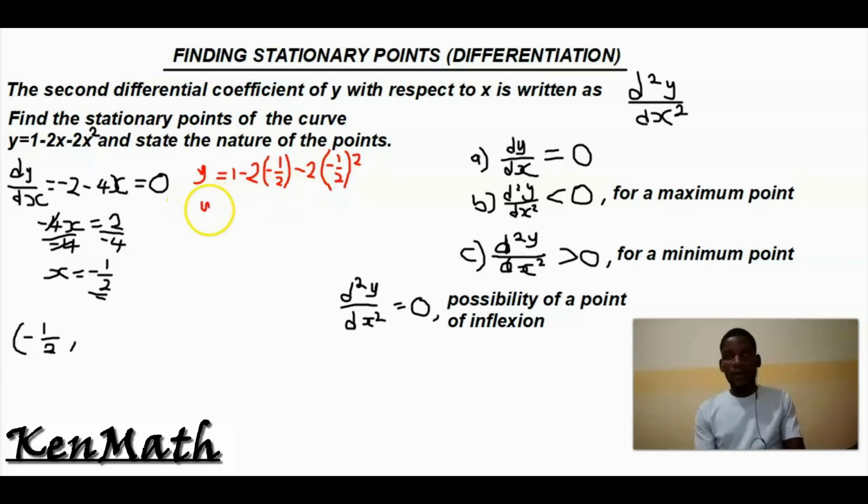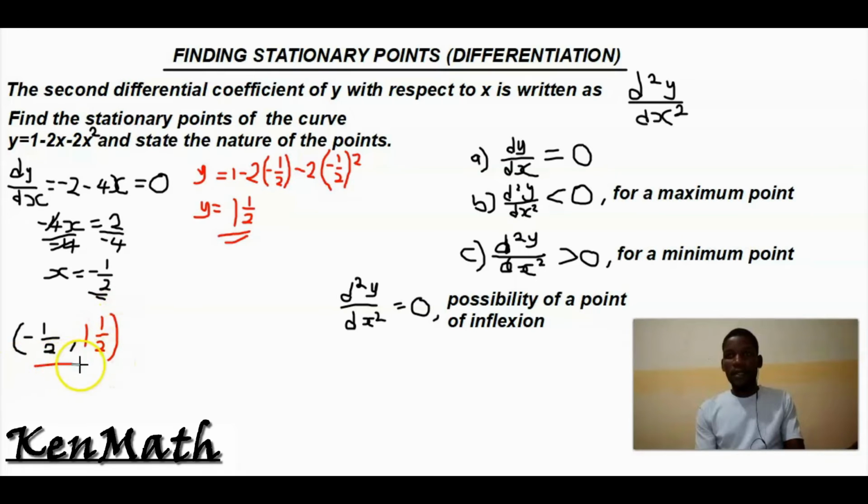When we do all this, it will give us 1 and a half. So y is equal to 1 over 2, which is half.